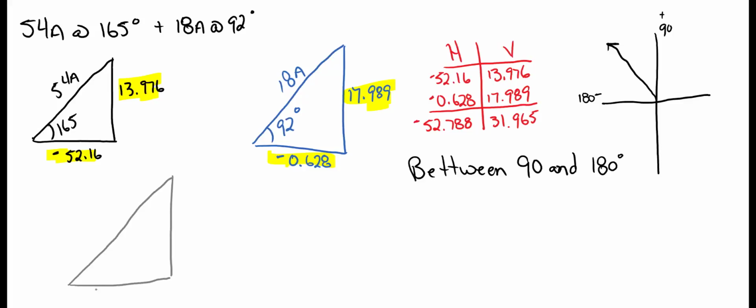So let's just put those values onto our new triangle. So I have a horizontal of negative 52.788. Have a vertical of 31.965. Use Pythagorean to find the hypotenuse of this triangle. Should give you 61.71.